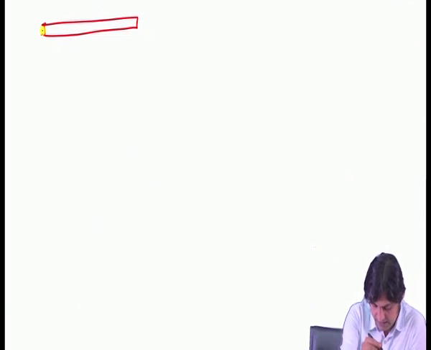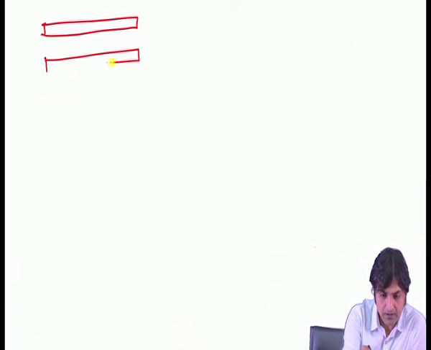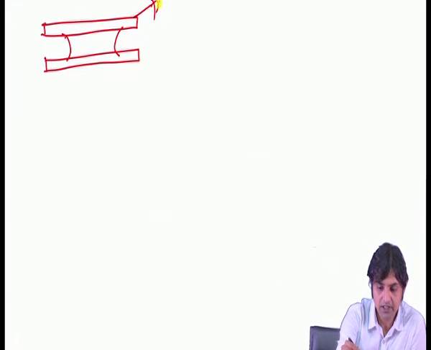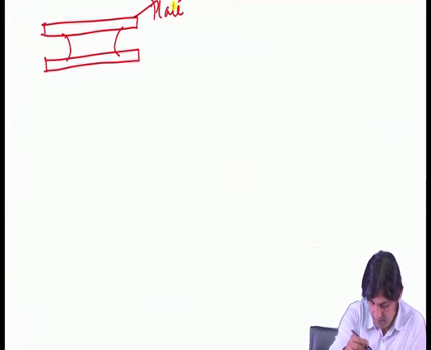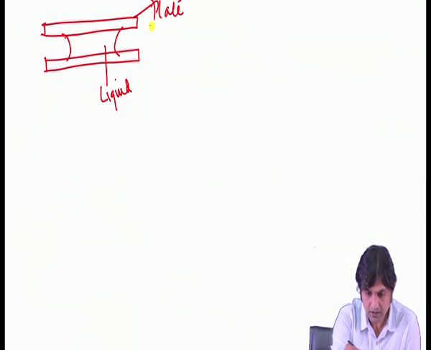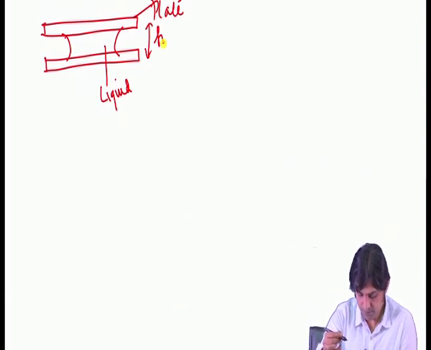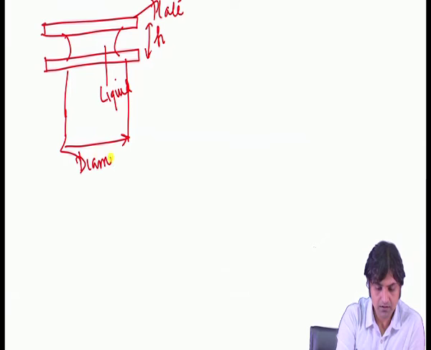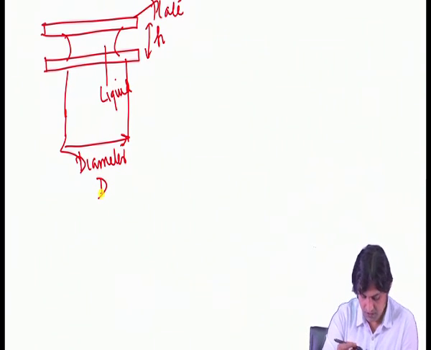So let's draw one plate, two plates. So this is the plate, this is liquid, this is given by H, and this distance diameter d.